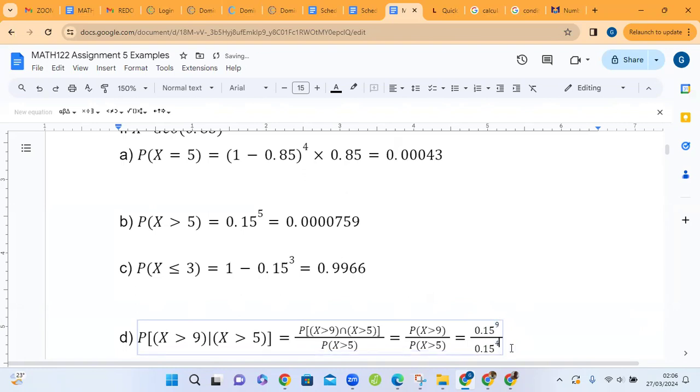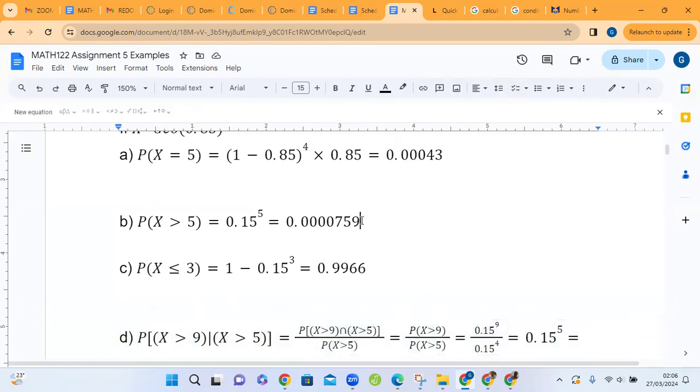And that would simply be 0.15 raised to the 5, because that would be 0.15 raised to the 9 minus 4. Oh, and look, we have 0.15 raised to the 5. We just calculated it here, coincidentally. So that's the answer for this question.